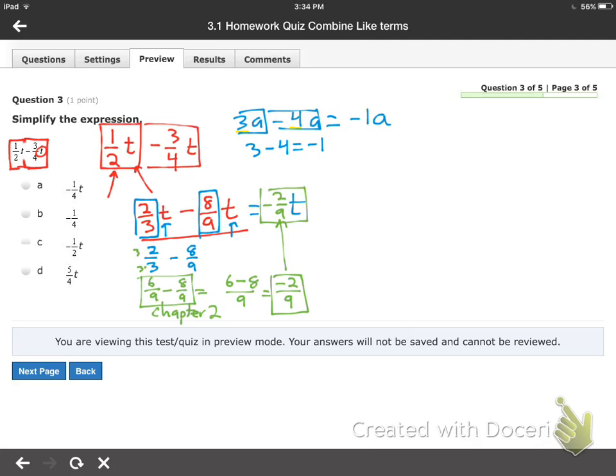So we say 2/3 t and -8/9 t, the coefficients are 2/3 take away 8/9, which happens to be -2/9, and we just keep the variable with it. So the answer is -2/9 t. So you'll want to evaluate that with this one over here, using your own understanding.